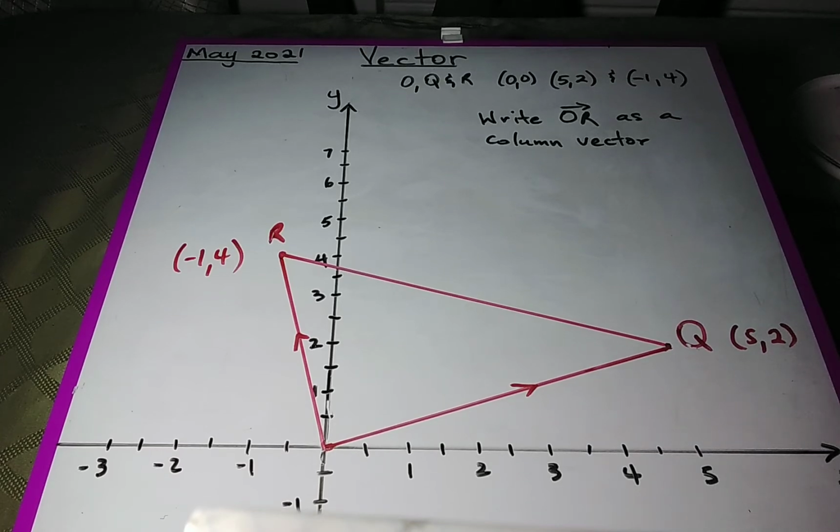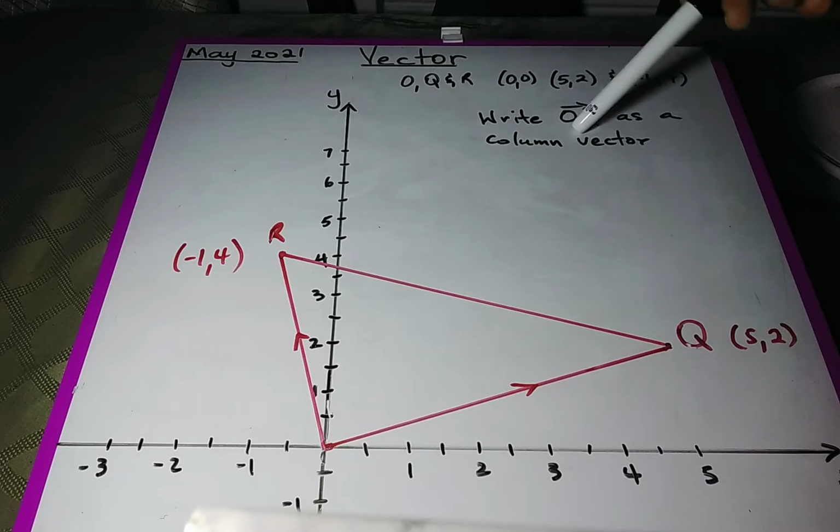Okay, you would have learned that for position vectors, if they give you the points, like they say in this question, let me read it. The points O, Q, R have coordinates, and these are the coordinates respectively.